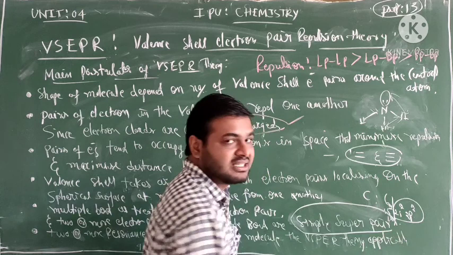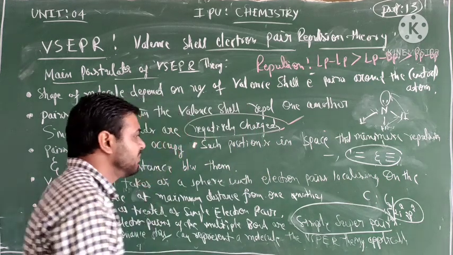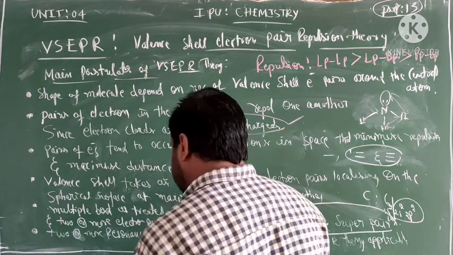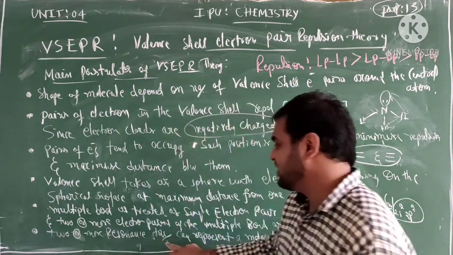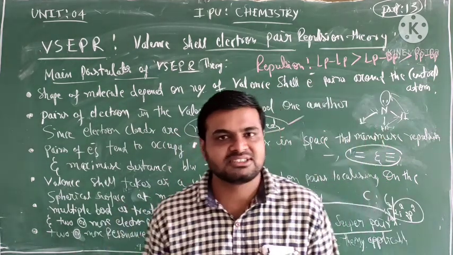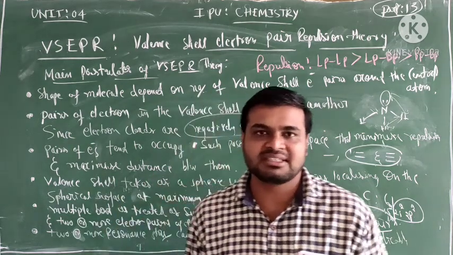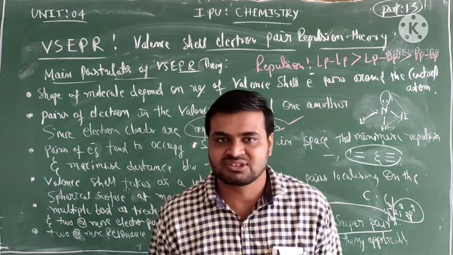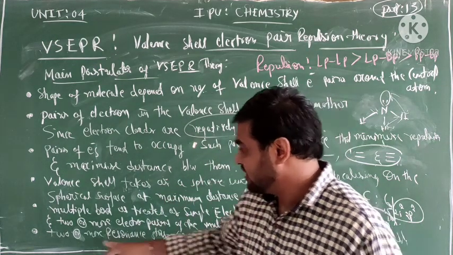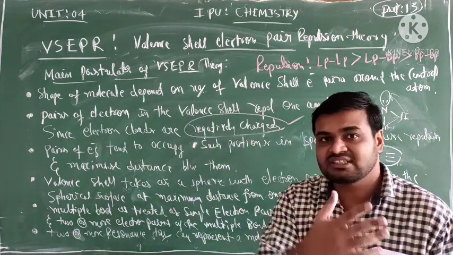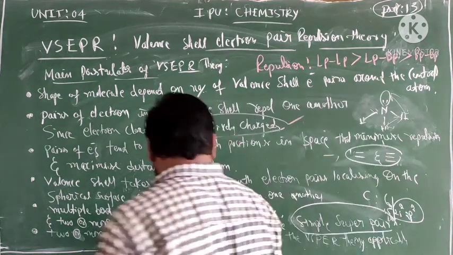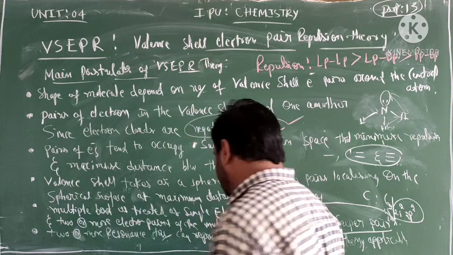Okay, this is what we call simple super pairs. And one more important point is two or more resonance structures. Already we discussed resonance structures in bond parameters. Any molecule that gives more than two structures, we call resonance structures. Two or more resonance structures can represent a molecule.